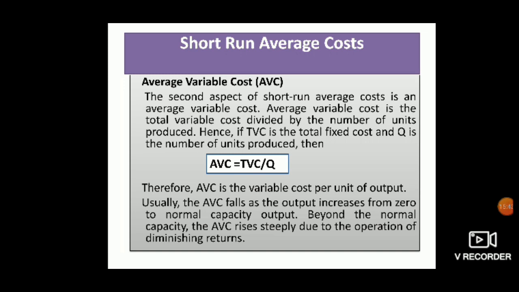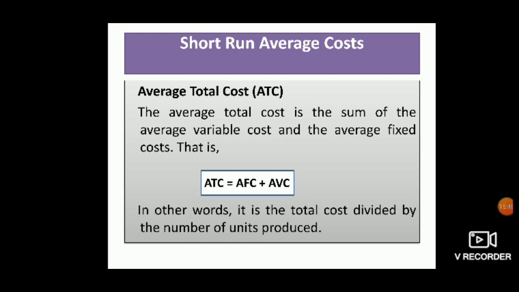Okay. So, short run average cost, I have explained what is AFC and what is AVC. So, AC is equal to AFC plus AVC. AC or ATC having similar meaning.